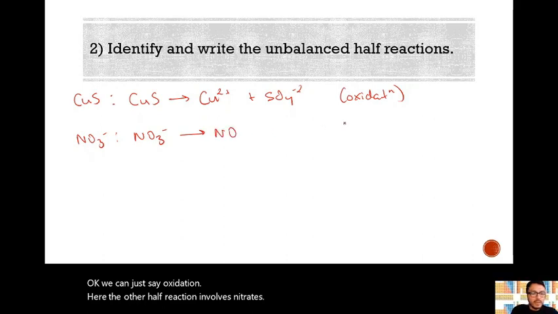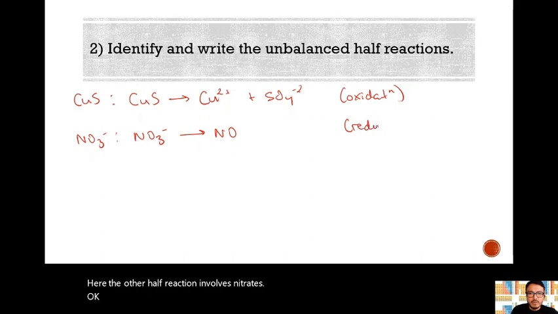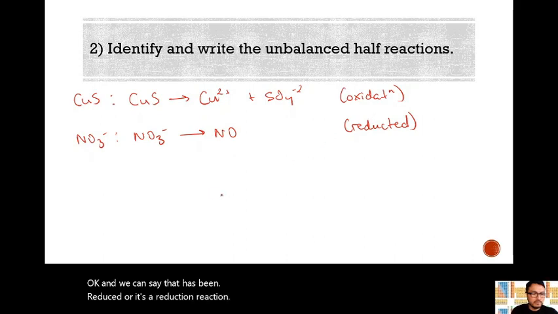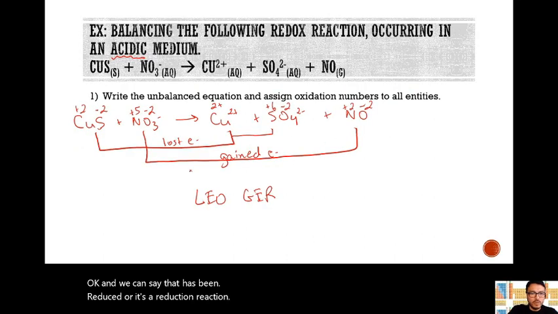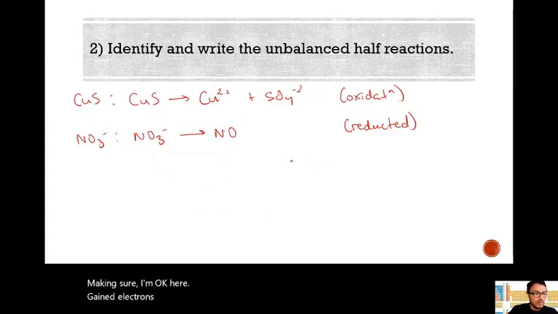Okay, and we can say that has been reduced, or it's a reduction reaction. Making sure I'm okay here. Gained electrons, yes. Okay, that's it. Second step is now done.